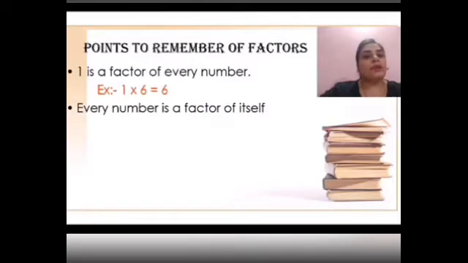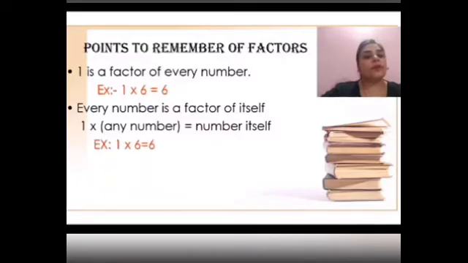Then, every number is a factor of itself. Let us take an example. If you multiply 1 with any number, you will get the number itself. For example, 1 multiplied by 6 will give the answer 6.